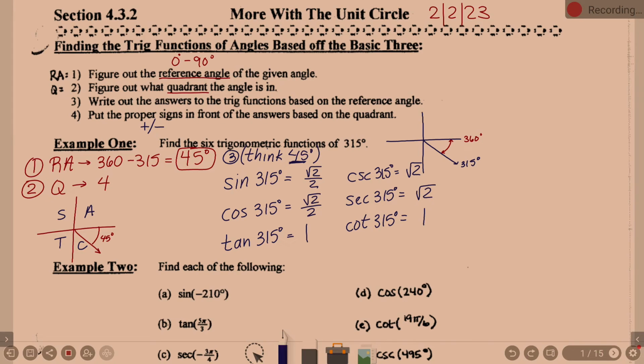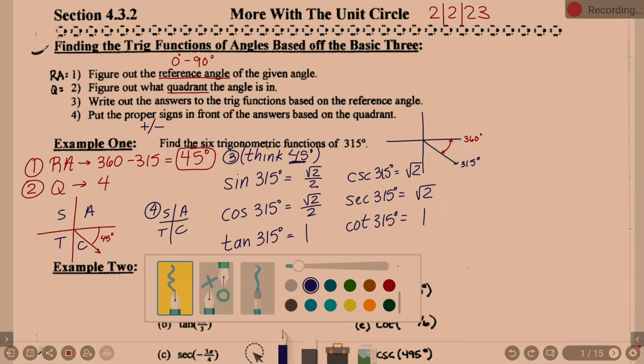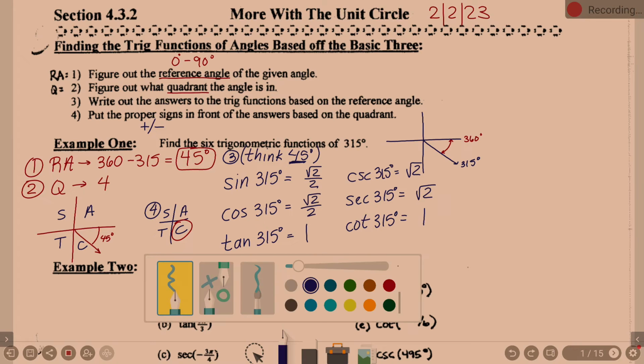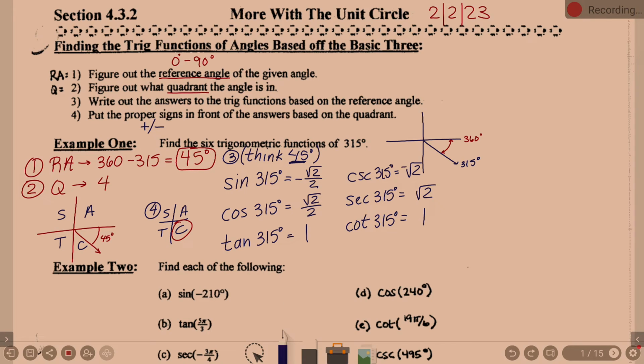This is quadrant 4, and quadrant 4 says cosine's positive along with its reciprocal. Everybody else is negative. So, all students take calculus, and we are down here in cosine. So positive, I'm going to put negatives on sine and cosecant, tangent, and cotangent. And there are my 6 answers.